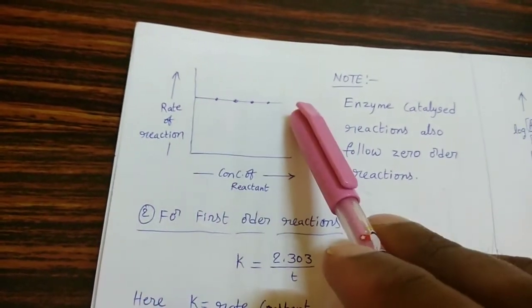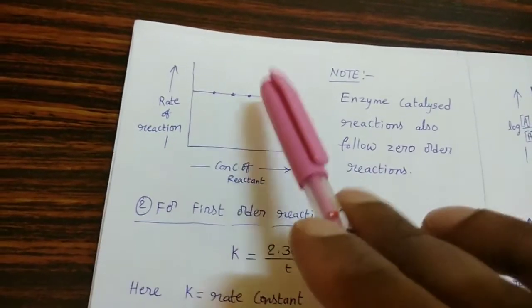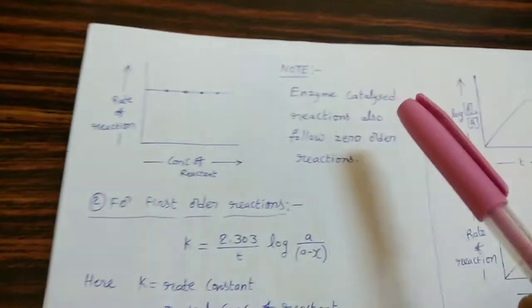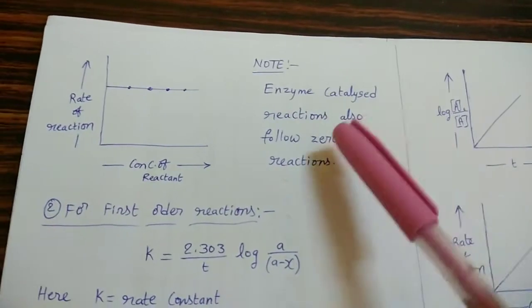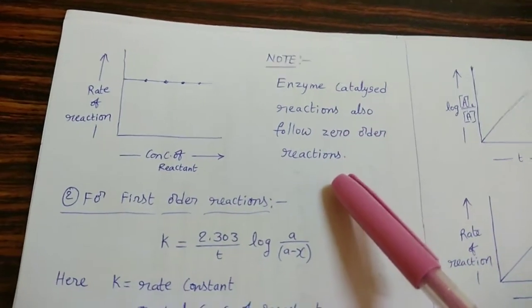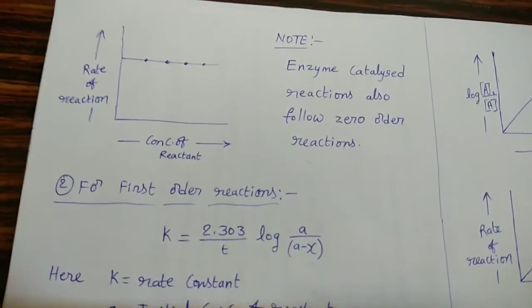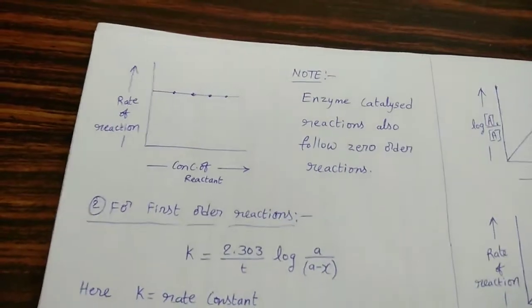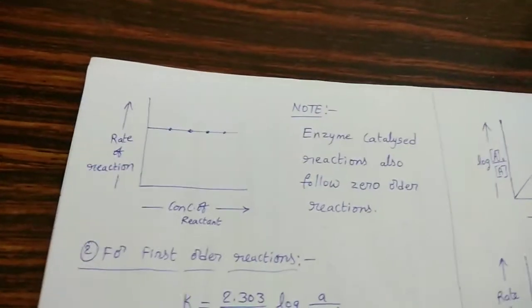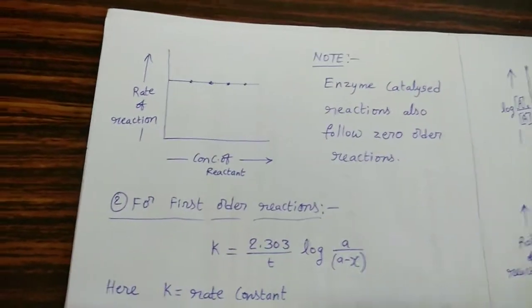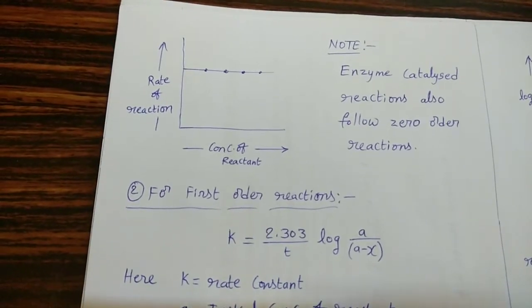That's why a straight line parallel to the concentration axis is obtained. Remember this point: photochemical reactions, enzyme catalyzed reactions, and reactions catalyzed by a solid catalyst also follow zero order.